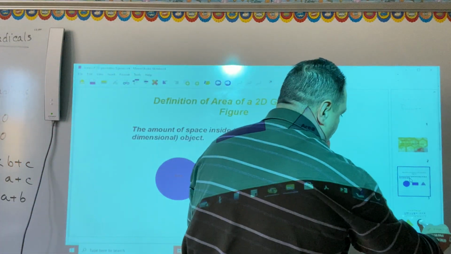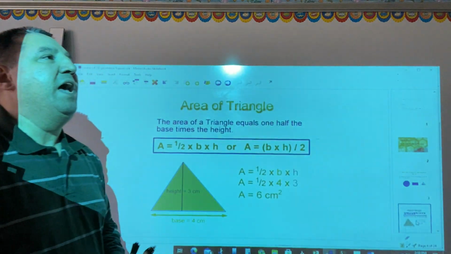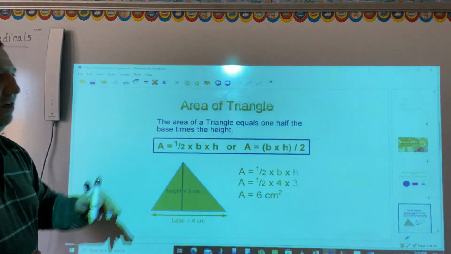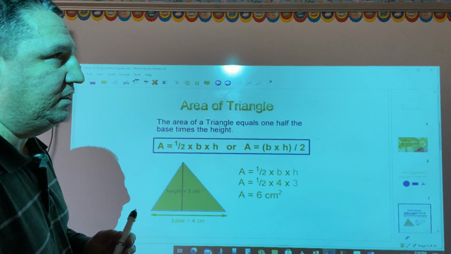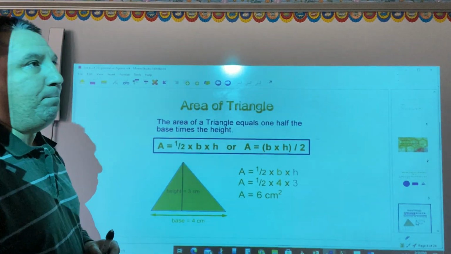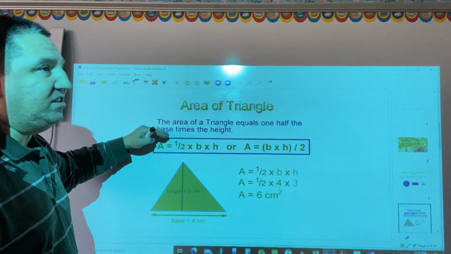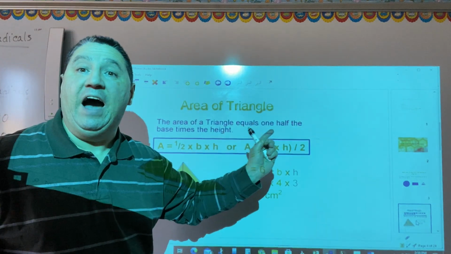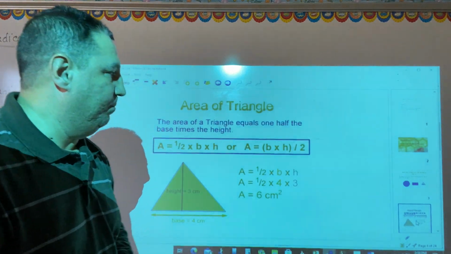Now we start with area of a triangle. The area of a triangle is one half the product of the base of the triangle and the height of the triangle.